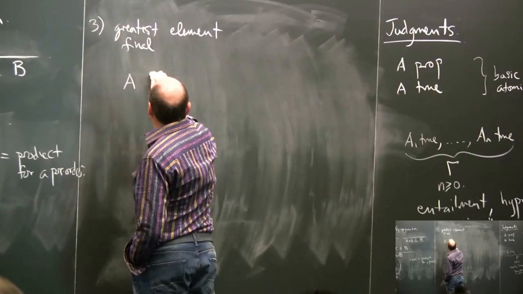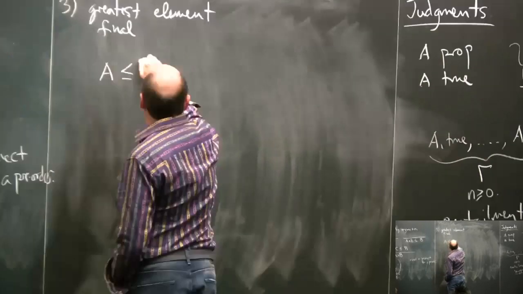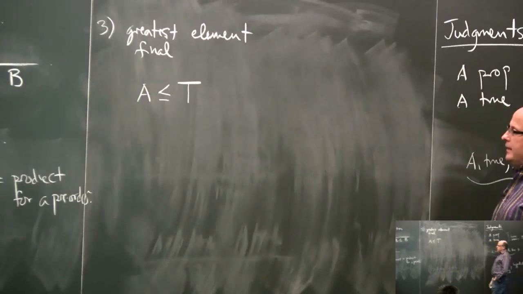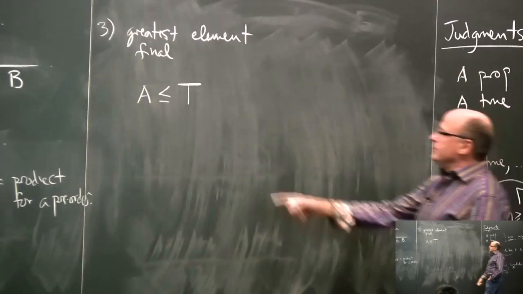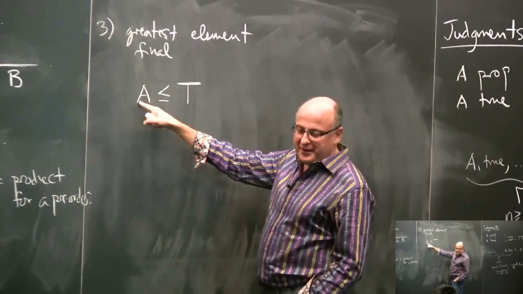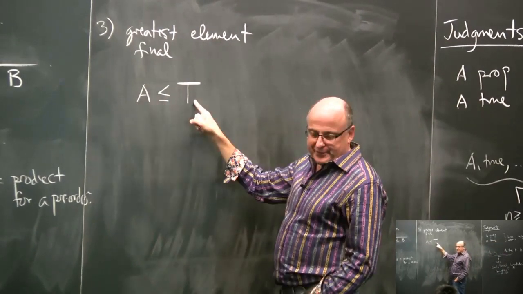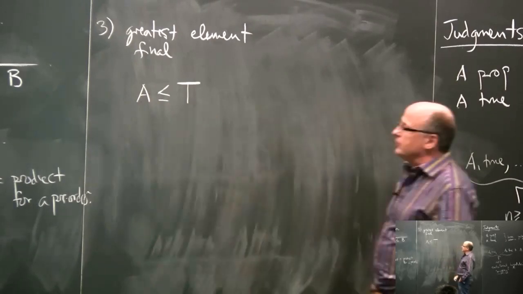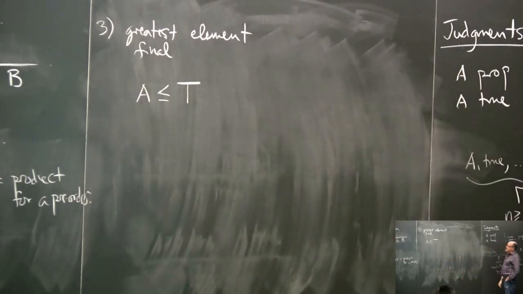It simply says A is always less than or equal to truth. Truth is trivially true, so you can assume A in order to deduce it if you want, but anyway, truth is still going to be true. So whatever A is, it is less than or equal to truth. So we're going to have a greatest element.